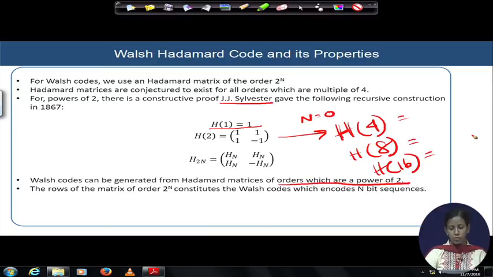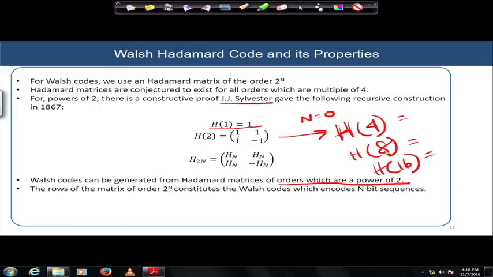You may try to find out whether the fundamental properties of the Hadamard matrix that we have already discussed hold good when it is constructed as a Walsh Hadamard code, because Walsh Hadamard code is a restrictive usage, specially constructed from matrices having fundamental roots in the Hadamard matrix. So all the properties of the Hadamard matrix that we have already discussed should hold good once the Walsh Hadamard code is generated.